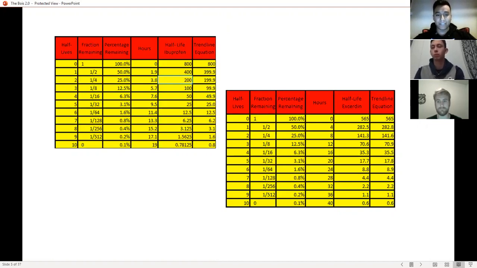And you can see that we start off with the half-life of 800 for ibuprofen, and after 1 hour, 1.9 hours, it goes down to 400 half-life. So with that, you can calculate the amount of the type of medication that's in your body still, and you can make the decision if you want to dose more of that medication into your body.